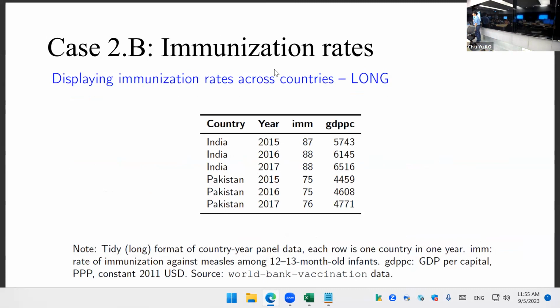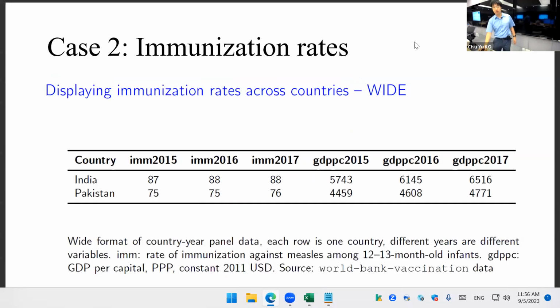Is that clear? So this is the format that usually you download from the internet, and you have to convert this long format to the wide format we have, all the time, to run the regression. Of course, sometimes now the software is very smart.